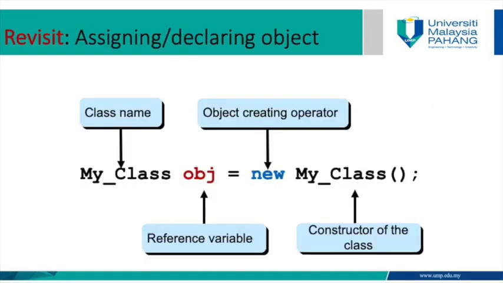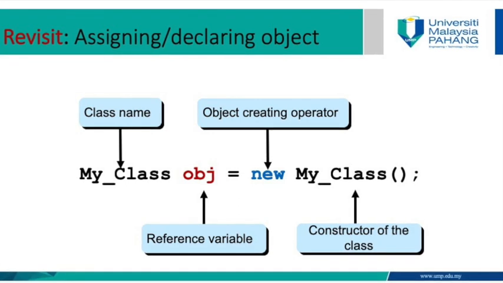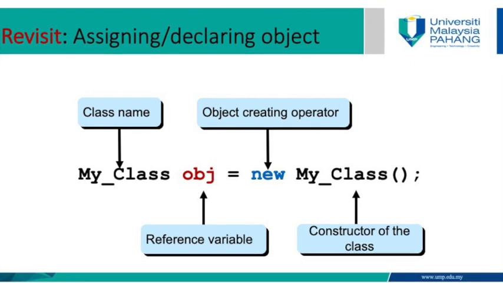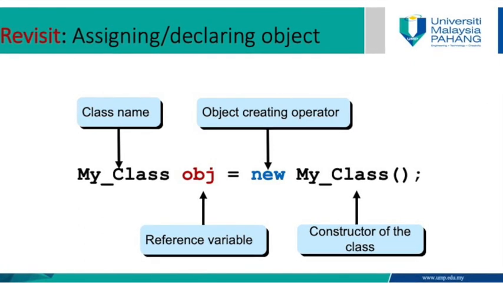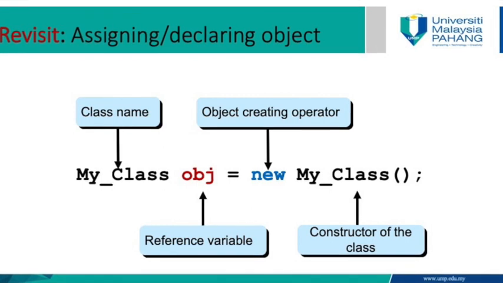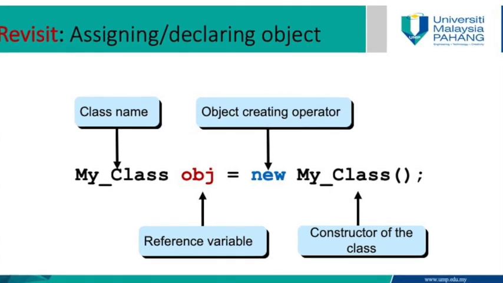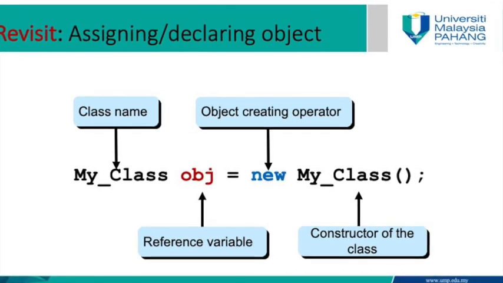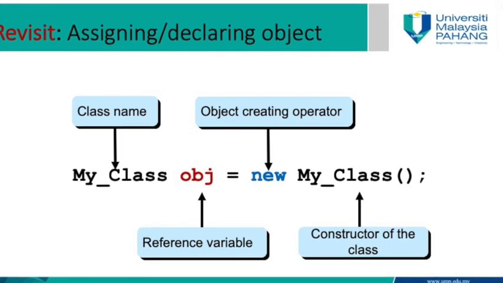And now let's revisit how we declare and assign an object. Here is the example: MyClass obj = new MyClass().